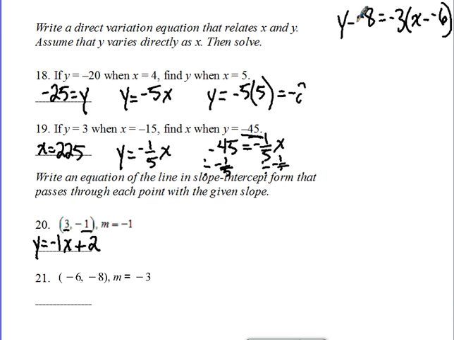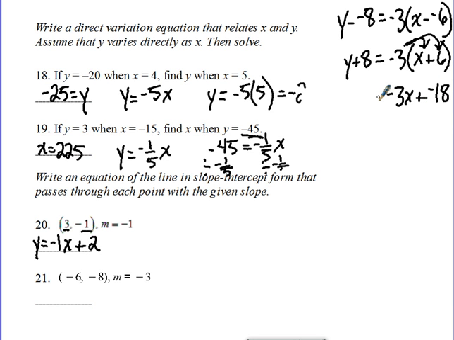Well, I'm going to change my minus negatives to plus. y plus 8 equals negative 3 times x plus 6. And using the distributive property here, negative 3 times everything in that parentheses, negative 3 times x, plus negative 3 times 6 is negative 18, equals y plus 8. And now I want to get y by itself, so I'm going to subtract 8 on both sides.